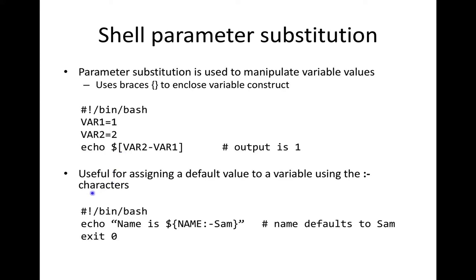I mentioned earlier that the most common way that we use parameter substitution is to set a default value for a variable in a script. And here's another simple script. We're going to echo, print out, the name is, and then you see the $ curly brackets syntax.